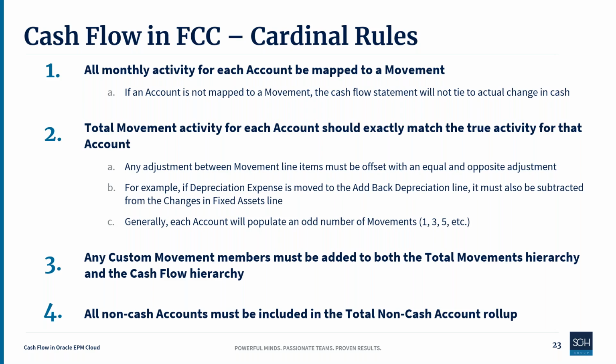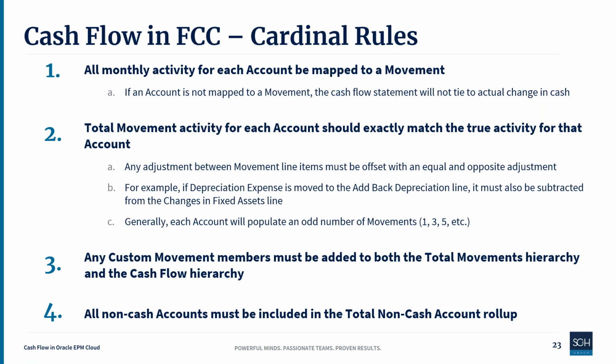Next, every account needs to exactly balance once in the movement dimension. So each account is going to be mapped to a movement in the initial data load. When accounts need adjustments between line items, for example, depreciation expense is going to get loaded to the net income line on the cash flow statement.